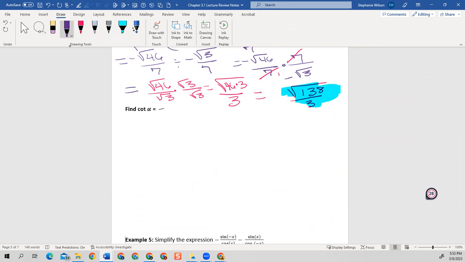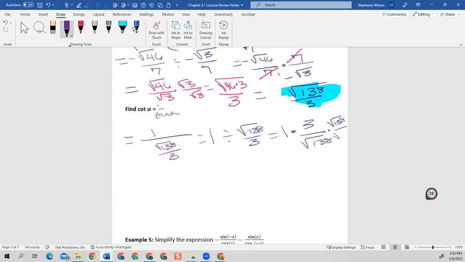So we know this is 1 over tangent. So that means I got 1 over square root 138 divided by 3. Rewrite: 1 divided by square root 138 thirds. Keep, change, flip.